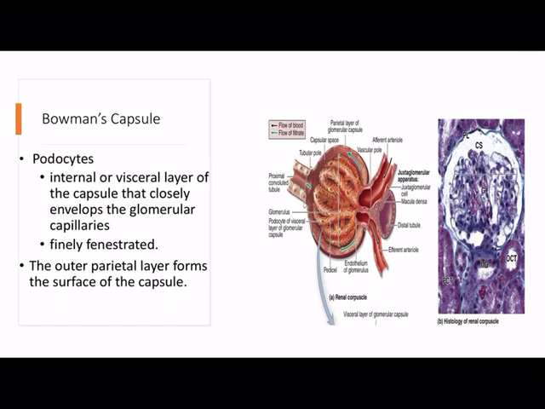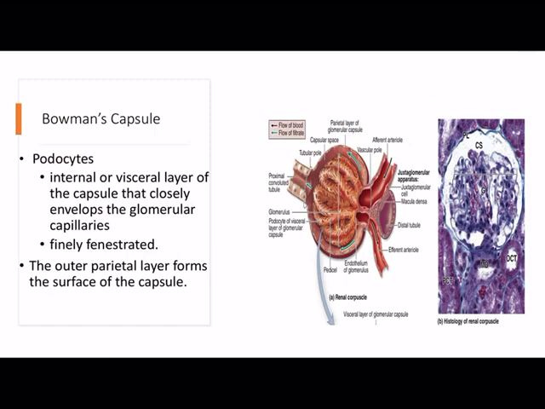So here in the picture on your right, you have the PL, which is the parietal layer of your glomerular capsule, part of the Bowman's capsule, and then you also have a capsular space, and in the middle is the confluence of your capillary loops, which is your glomerulus.